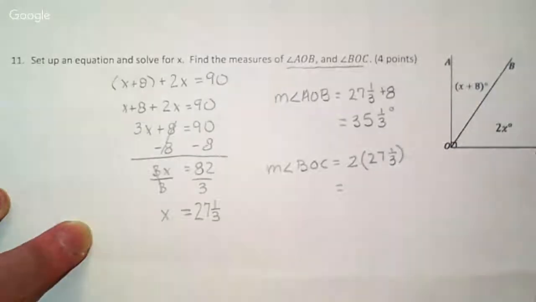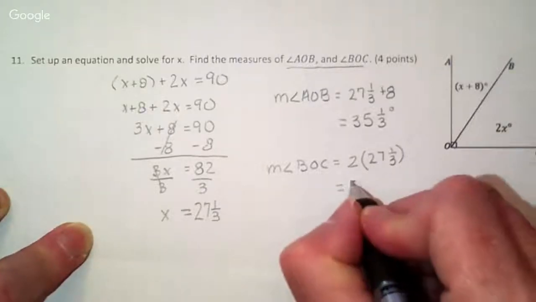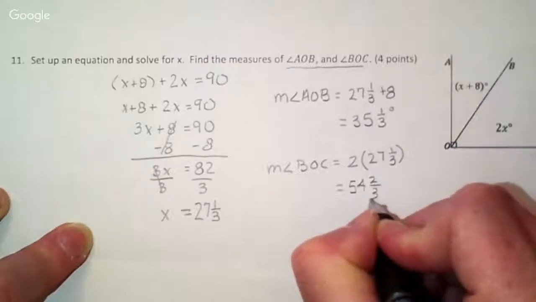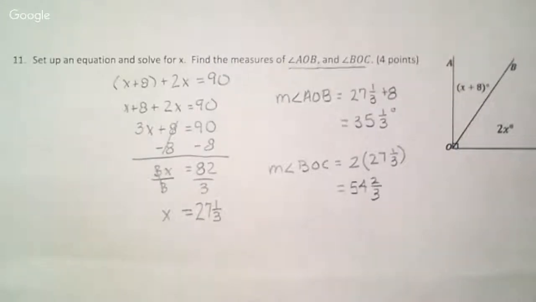That will give us 54 2/3. We only have one more page to go, and we will be done.